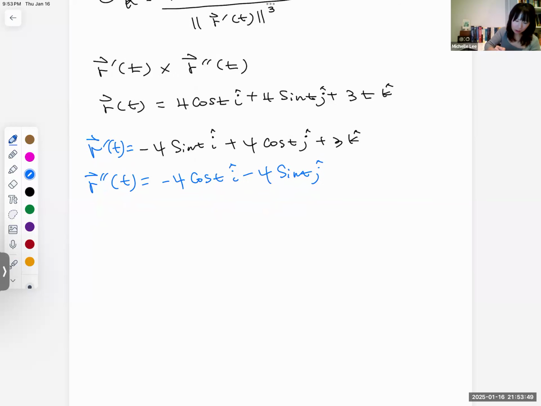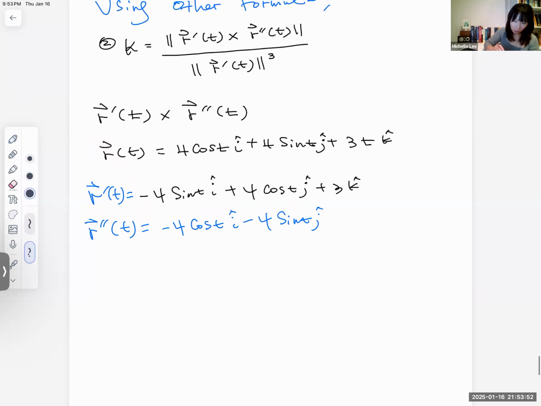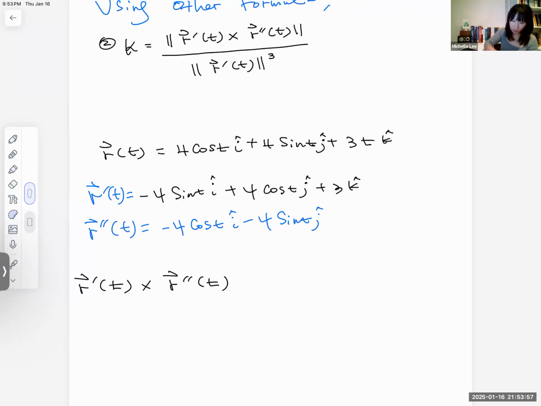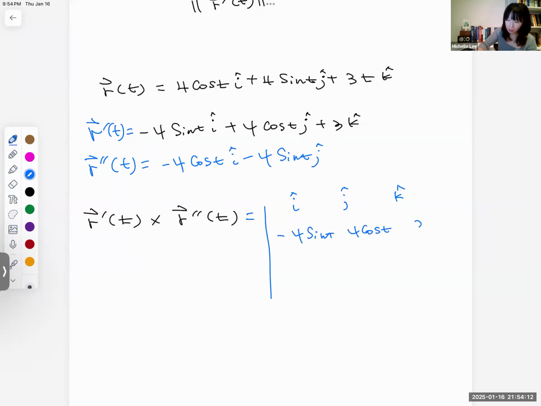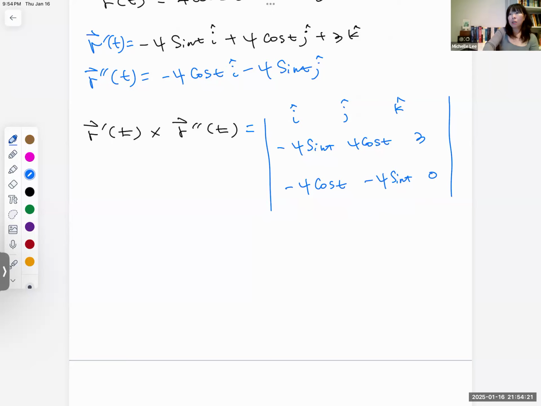Okay, cross product equal to the determinant of i, j, k, negative 4 sine t, 4 cosine t, 3, negative 4 cosine t, negative 4 sine t, 0.